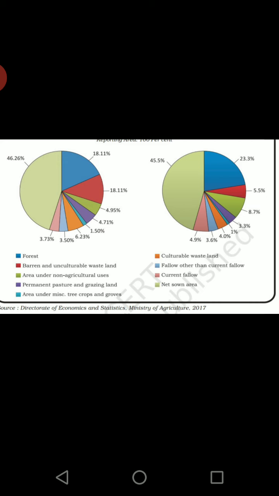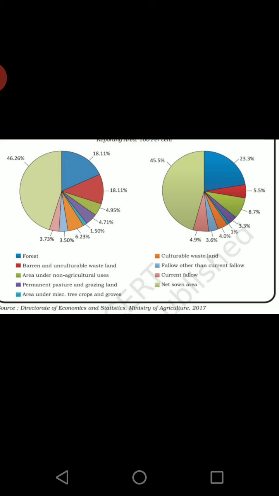If you remember, other than current fallow lands are left uncultivated for 1 to 5 years. It means they can be left uncultivated for 1 year, 2 years, 3 years, 4 years and likewise till 5 years. If it is more than 5 years, it will obviously be culturable wasteland.